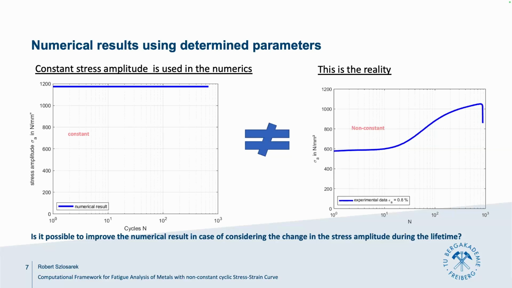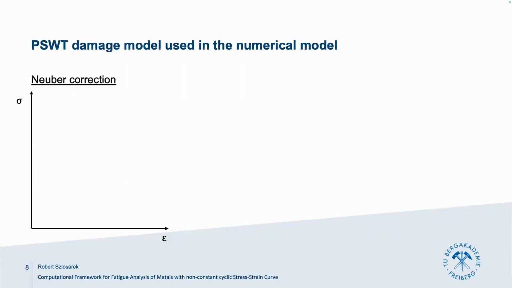First, I have to show what the impact of the stress amplitude is in my lifetime calculation. So, a short summary of how I do the lifetime calculation. From the finite elements, I get a linear elastic result with a certain stress and strain.